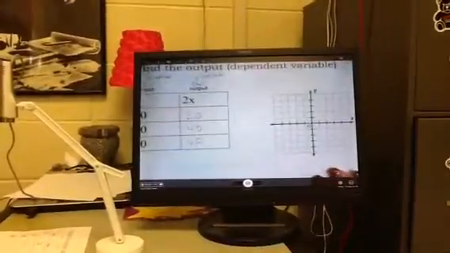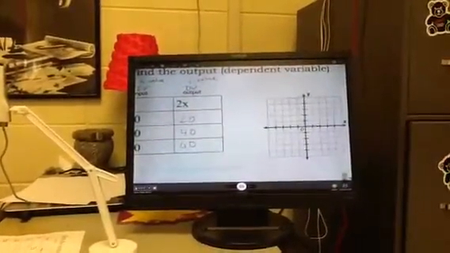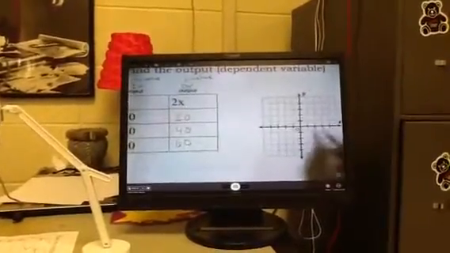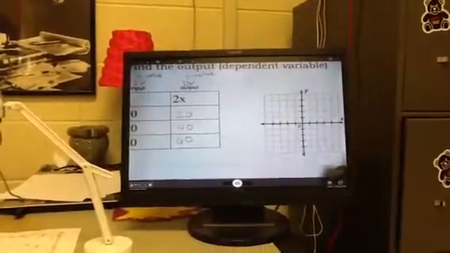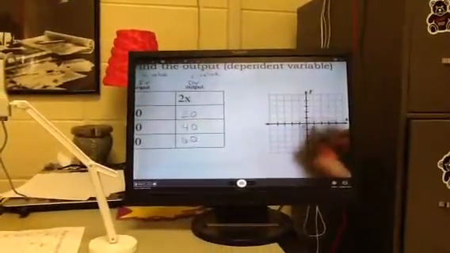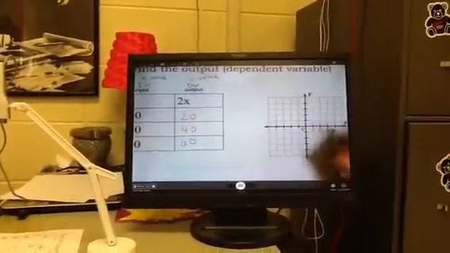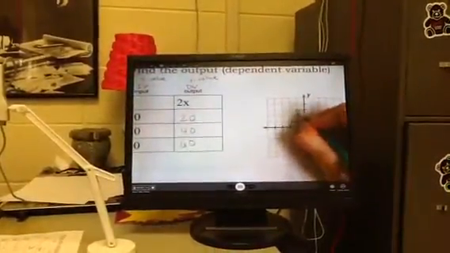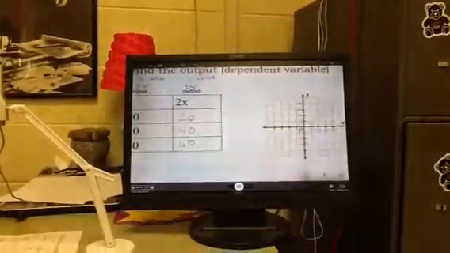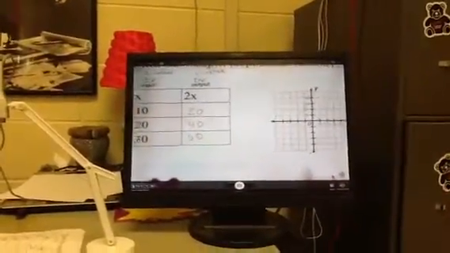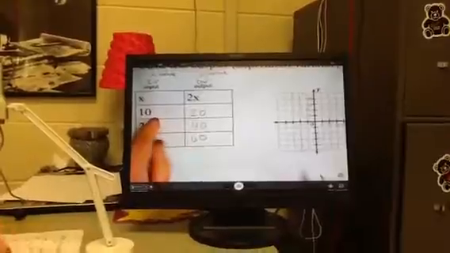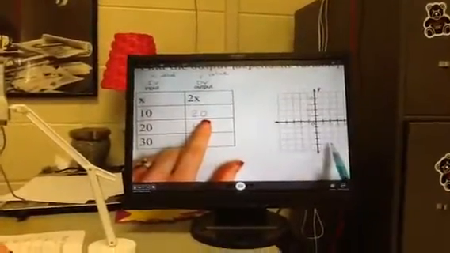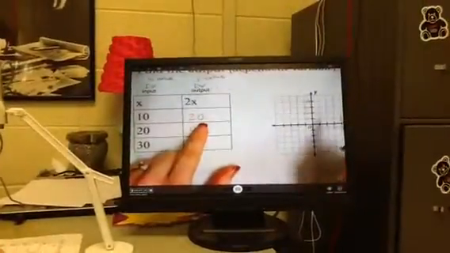I can now look over here at my graph and I can graph them. My independent is going to be my x, and my dependent will be my y. So I'm going to label each of these little marks as a 10. So each line is going up by 10s. If we remember from the beginning of the year, my first number is the x, my second number is the y. To graph something, I have to graph x first and then y. So I go over and then up.